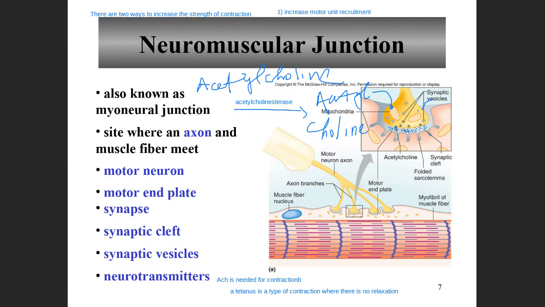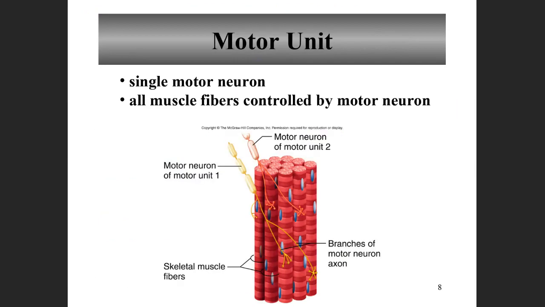Okay. Now, what is a motor unit? So this defines what a motor unit is. Here is a simple diagram, showing 1, 2, 3, 4, 5, 6, 7, 8, 9, 10, 11. This is 11 muscle fibers, okay? A motor unit is defined as a single motor neuron and the number of muscle fibers it innervates.